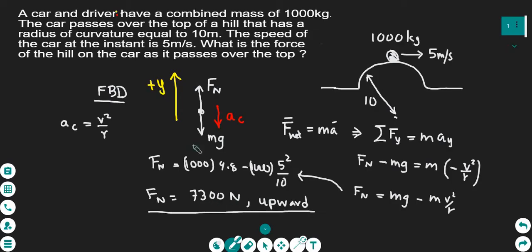You figure out the force using Newton's second law and the fact that when an object moves in a circular track, that object is experiencing an acceleration towards the center, which is given by v squared over r, what we call centripetal acceleration. So this is your final answer for this problem. The force of the hill on the car is 7300 newtons magnitude wise, and its direction is upward. So that's how you do it.